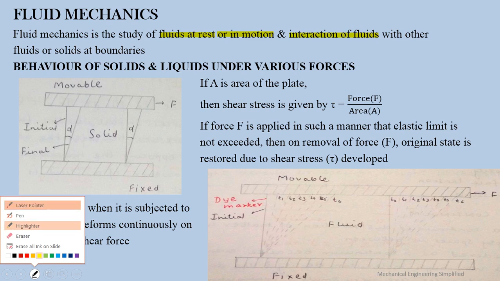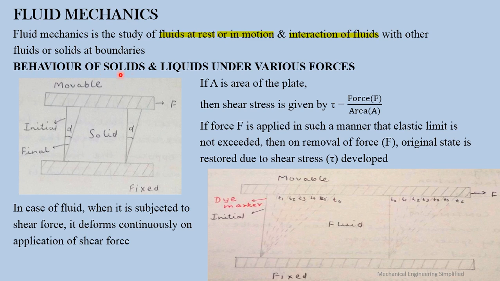Okay, then we will see what is the behavior of solids and liquids under various forces. See, if there are two plates, this is plate 1, this is plate 2, this is fixed, and this is a movable plate. If this movable plate is applied by a force F and there is a solid in between these two plates, and if A is the area of the plate, then the shear stress developed is given by force by area.